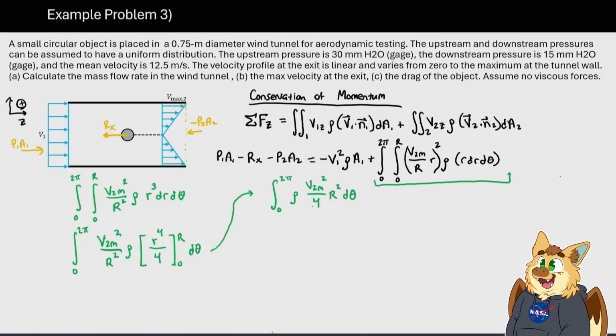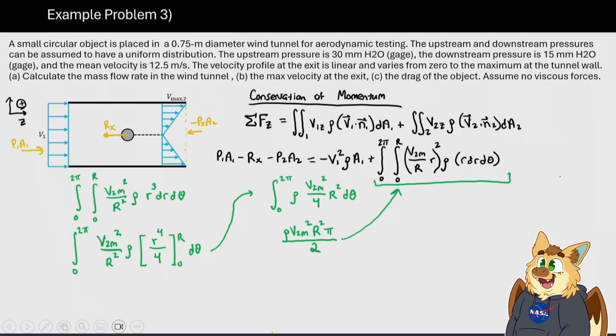We're just integrating from 0 to 2 pi, so this ends up looking like rho times V2m squared times, let's see, this will be R squared times pi, all divided by 2. And that is what this integral is.